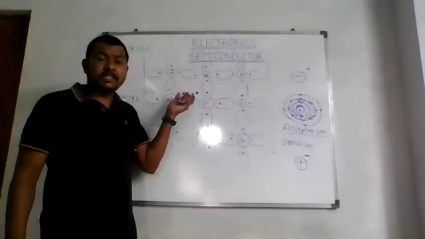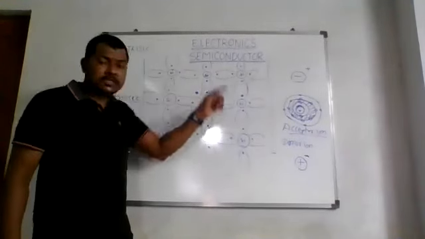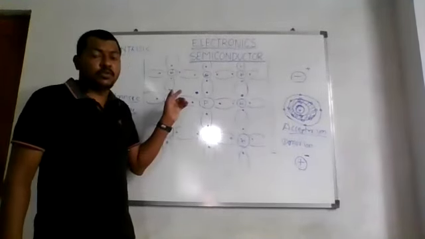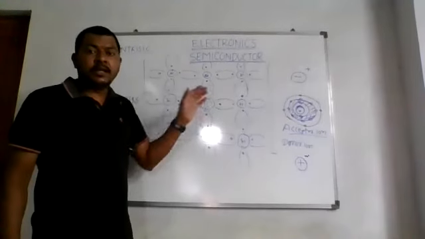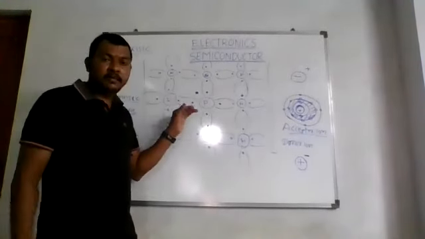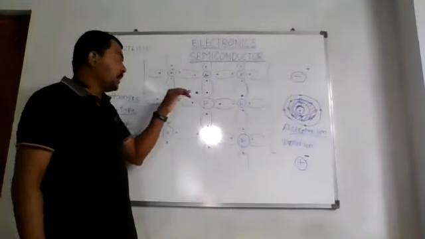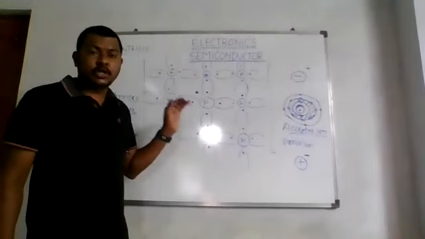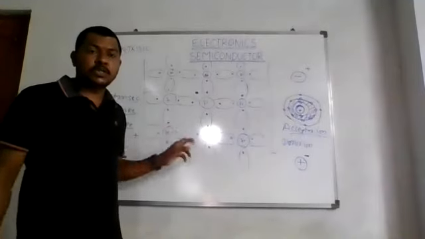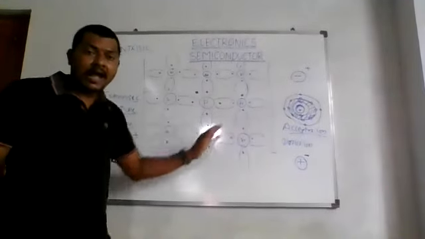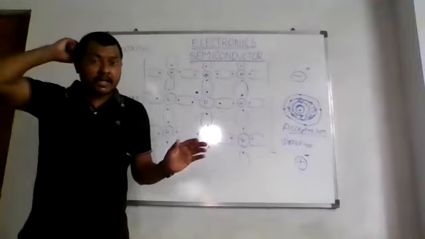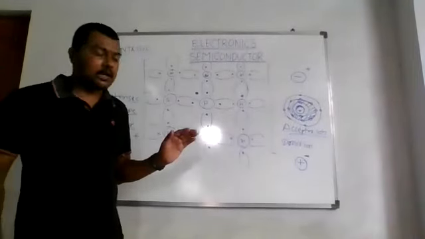Since it has an excess electron, this ion is expected to donate it, and therefore it is called a donor ion. The negative electrons are the majority charge carriers, whereas these positive ions are the minority charge carriers in an N-type semiconductor.